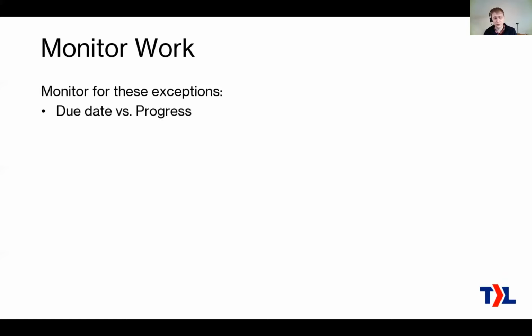They're just easier. Okay, so these are some of the exceptions that a service manager or dispatcher should be looking for. One is if there's a due date set on the ticket, monitor that against the actual progress, meaning if it's due tomorrow but it hasn't been started yet, you probably need to contact the technician or make sure it gets assigned to somebody. Okay, you want to look at the hours that have been logged versus the budget or the estimated hours. So if you thought it was a 4-hour ticket and there's already 4 hours logged but it's not done, you need to be talking about that with the technicians.